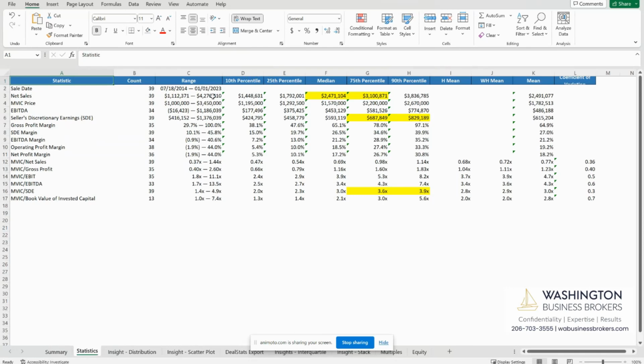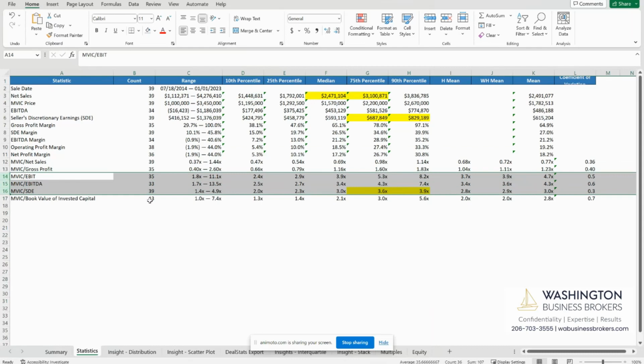Really what we're looking for is the data dispersion or range and variation in that data set of the 39 transactions. So you can see for these 39 tree businesses, they ranged with revenue from $1,112,000 up to about $4,276,000. Okay, and the columns here in the file are the revenue cut points. And you can see how the multiples change over time, so here are cash flow or earnings measures.